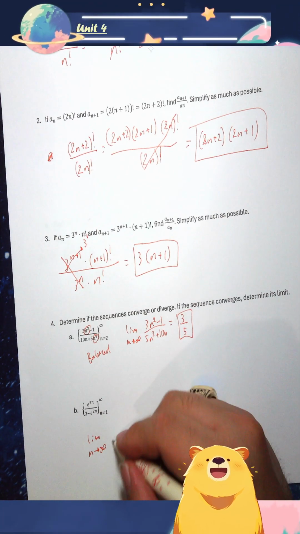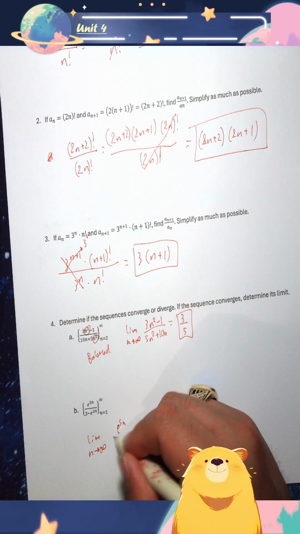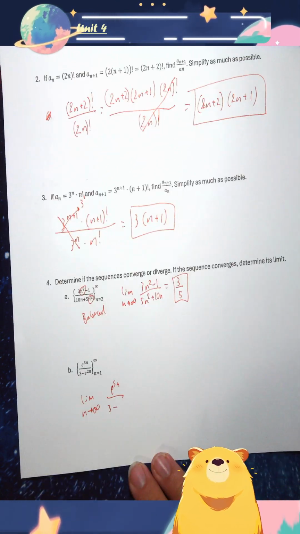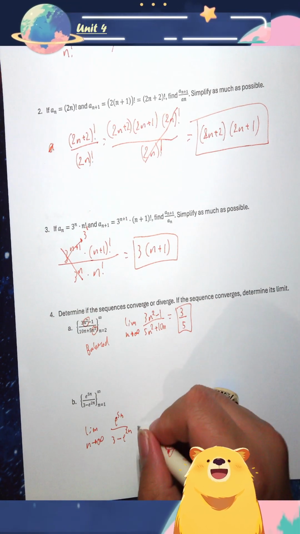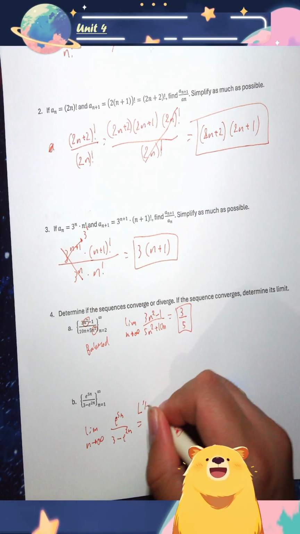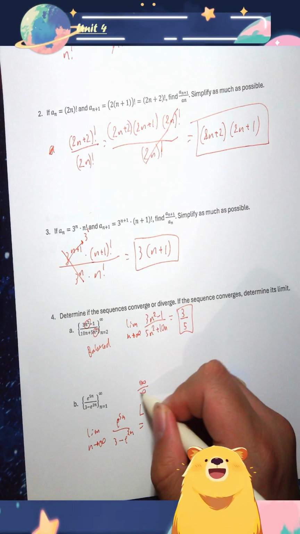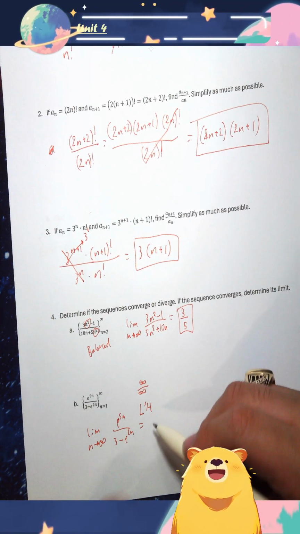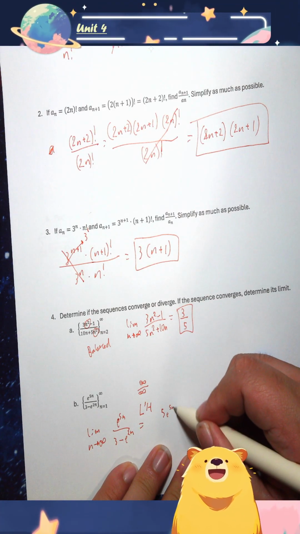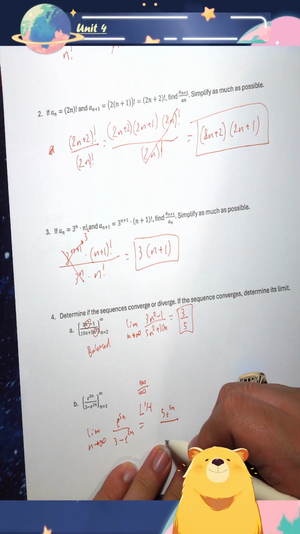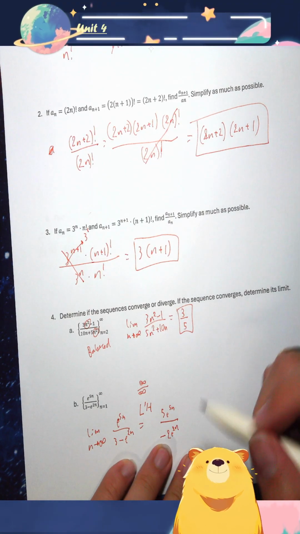So we do L'Hopital's rule because it's infinity over infinity. You get 5e^(5n) over negative 2e^(2n).